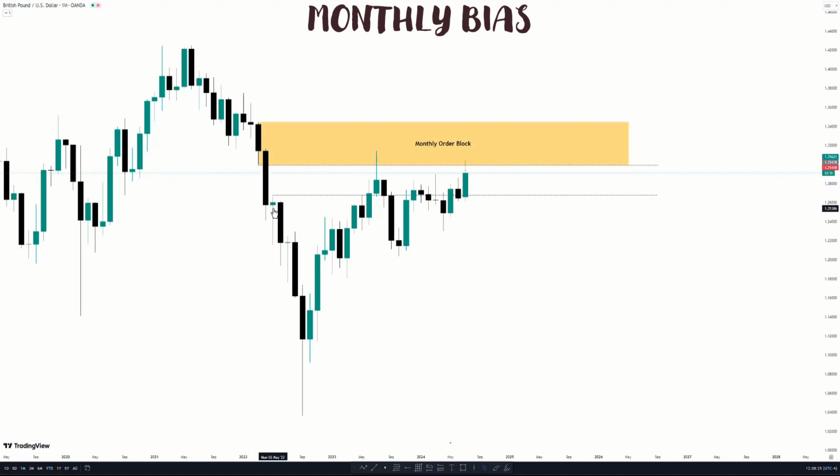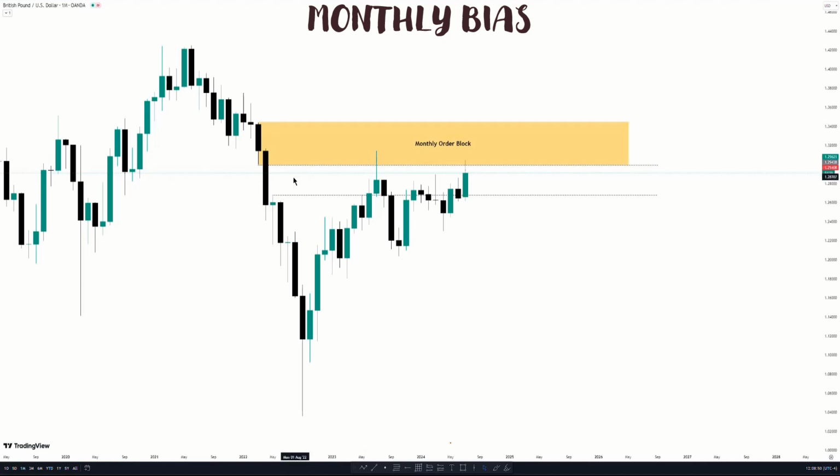Okay, so you have this candle, you have this candle, and this candle. Now this void, this space, these candles are supposed to be touching this candle here and this green candle here, but they are not touching. So there's a void here. So the market tends to go back to these voids, these spaces. All right, so that's a fair value gap.